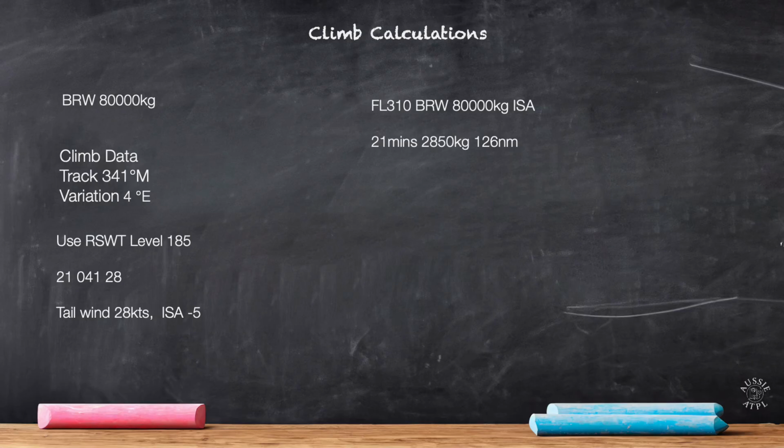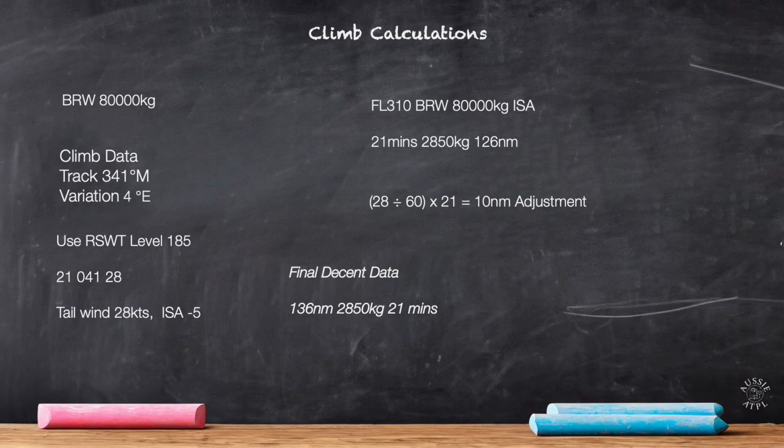If you head to page 2-8 of the handbook for ISA climb data, this will give us a climb of 21 minutes, where we burn 2,850 kilos, and it will take us a total distance of 126 nautical miles. Now we must adjust this for our wind, so since we have a 28 knot tailwind, divided by 60 times 21 will give us a 10 nautical mile adjustment again.